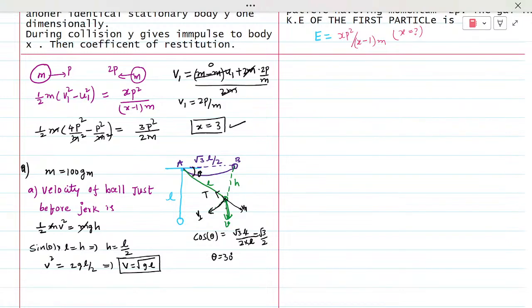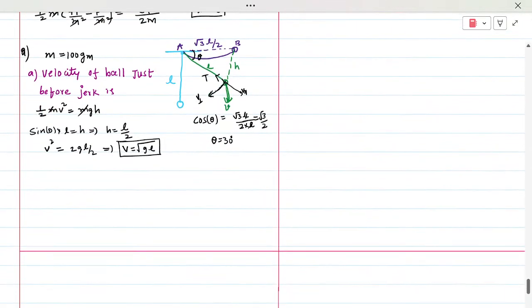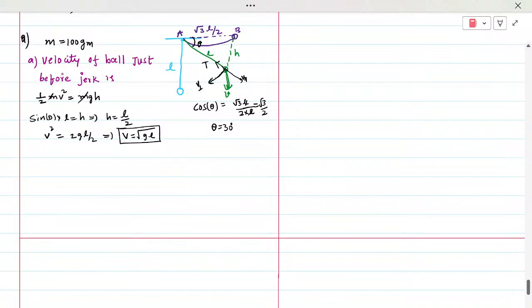So now after this, what is the velocity of the ball after the jerk? Next question in this only. Just before the jerk, this is the case. After the jerk, the velocity will become like this. So next question: velocity of the ball after jerking.